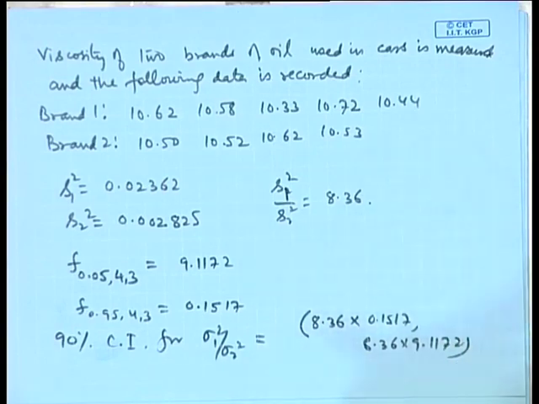So, in a given practical situation, we need to analyze what is the model that will be applicable and accordingly we make use of the formulae. For example, when we are looking at the confidence intervals for mu 1 minus mu 2, then we worry about what is the status of the variances. If the variances are known, then we have a formula based on the z, that is the normal distribution.